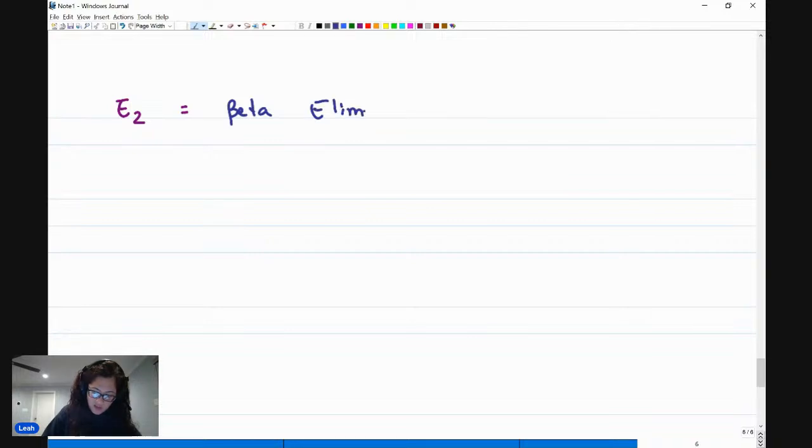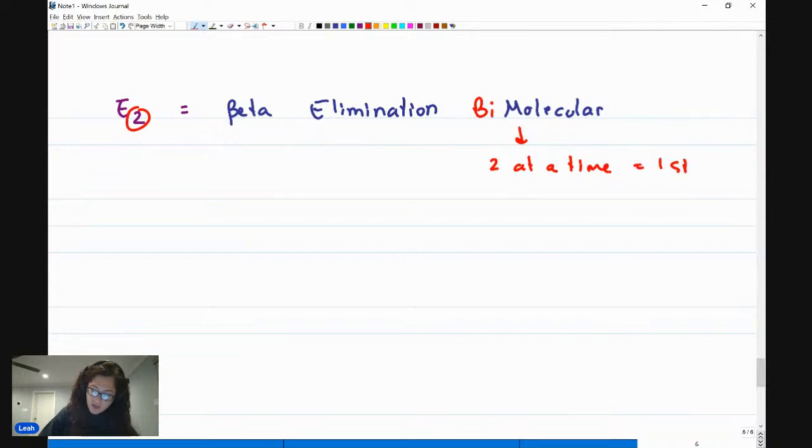The E itself stands for elimination. And the 2 does not tell us the number of steps. It tells us that it is bimolecular, which you should now realize means 2 molecules reacting at the same time, giving me a 1-step reaction.